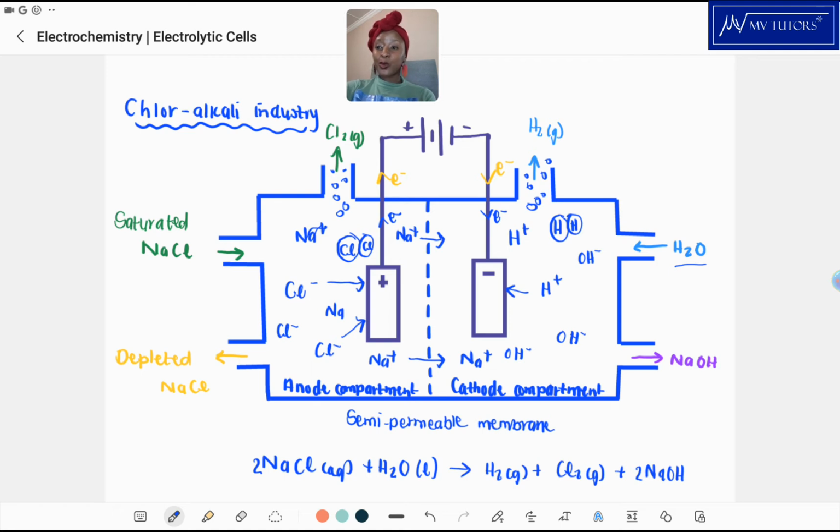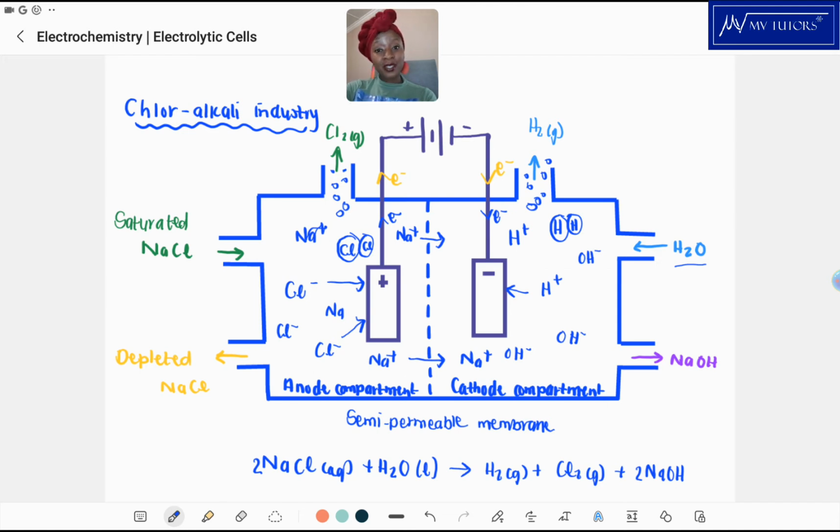And remember our rules. Sodium is in group 1, it is an alkali metal. So we have a look between the alkali metal and the hydrogen. If your alkali metal, or any metal for that matter, has a negative voltage, then the hydrogen will be reduced.